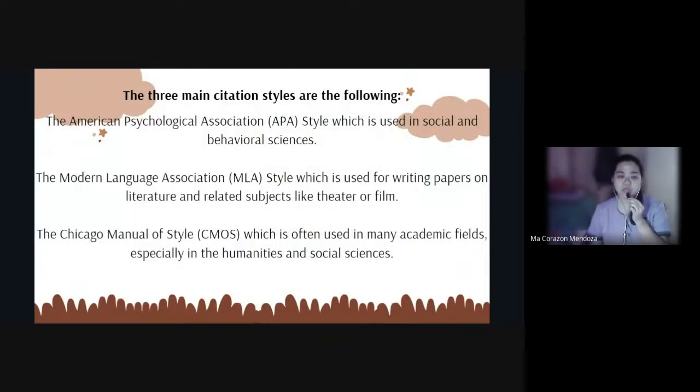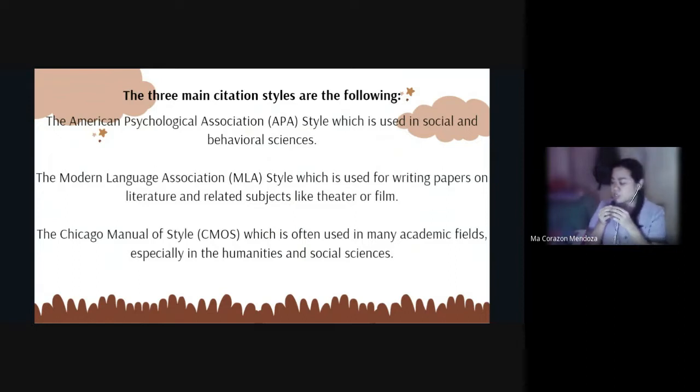Now, I want you to be aware as well that there are three main citation styles, which are the APA or the American Psychological Association style, which is used in social and behavioral sciences, the MLA style or the Modern Language Association style, which is used for writing papers on literature and related subjects like theater or film.